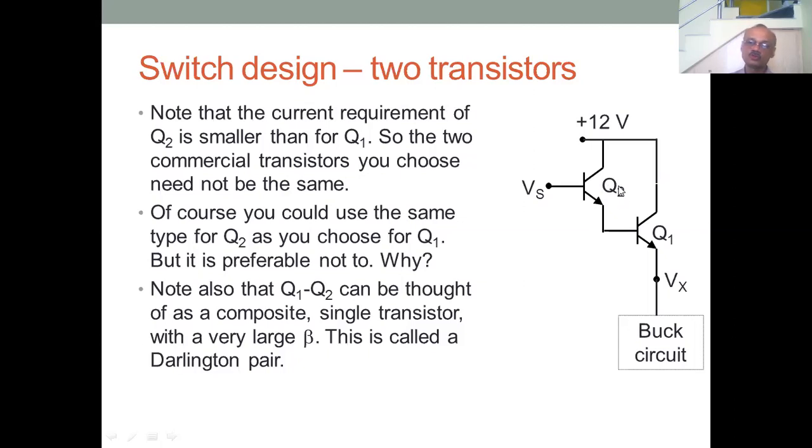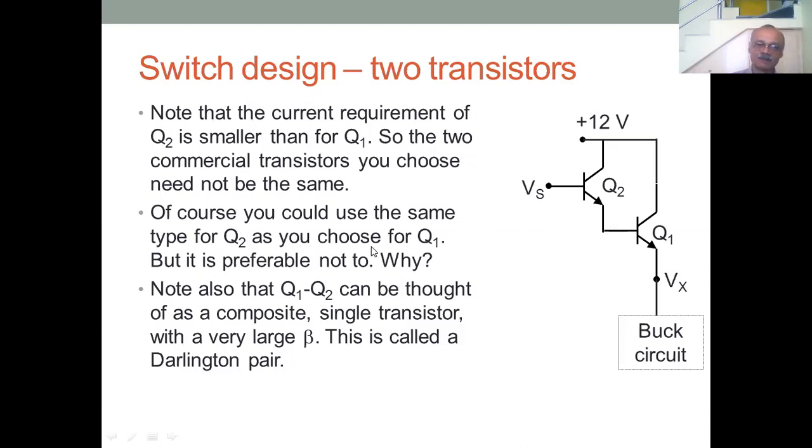Of course, you could choose Q2 the same as Q1, because Q1 supplies 4 amperes. Q2 could also supply 4 amperes, although you don't need it, but at least it is within specs. But it is preferable not to choose Q2 to supply 4 amperes. You want to choose a Q2 that supplies a much smaller current.